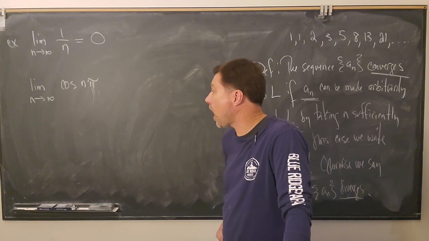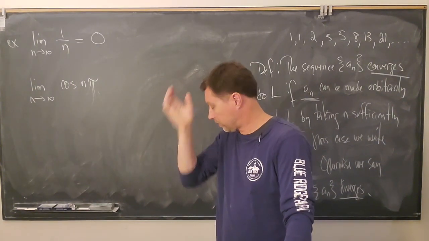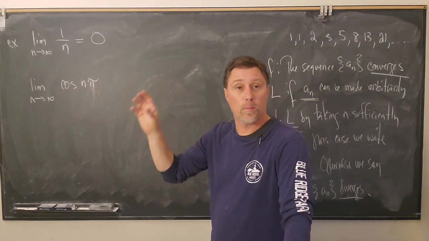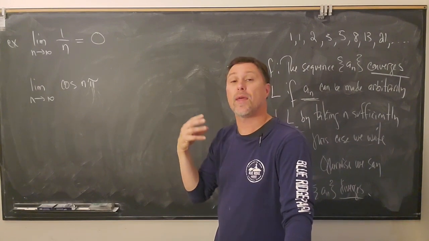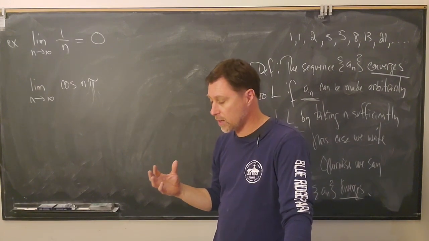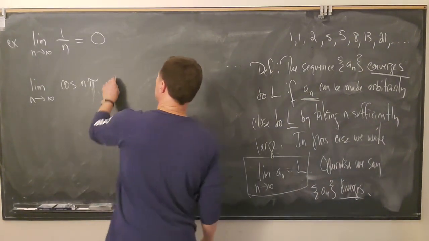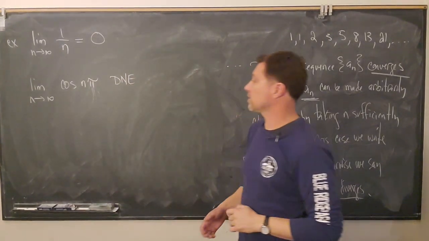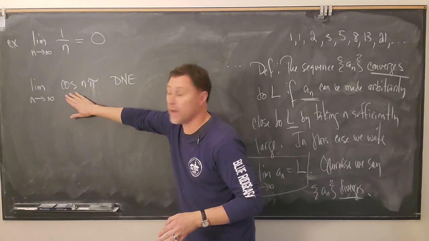If n is odd, cosine of n pi is negative 1. So the terms of this sequence go plus 1, minus 1, plus 1, minus 1. They are not approaching one particular number, and so this limit does not exist. I write DNE to indicate that the limit does not exist. So this sequence is divergent.